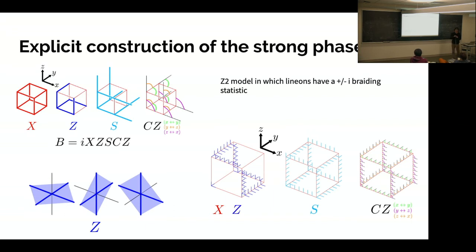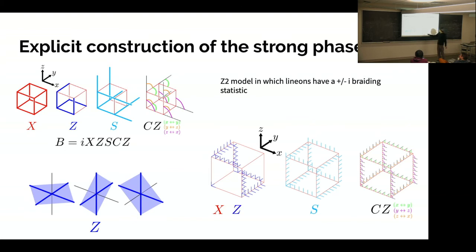You can construct them out of lower dimensional SPTs, lower dimensional topological orders or something. There's this coupled layer construction, but these can all only make weak phases. To make strong phases, there's really no such construction, and you really have to sort of just be creative and come up with a model. And so that's what I managed to do.